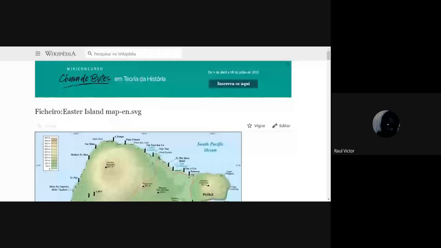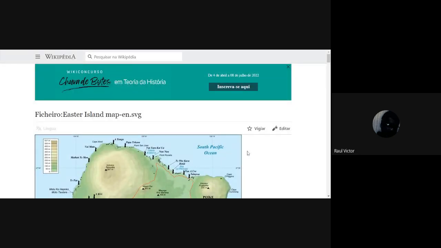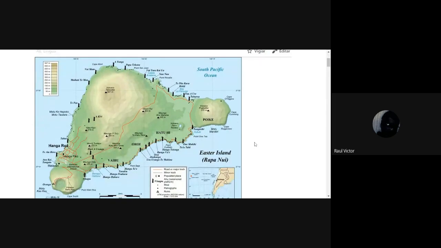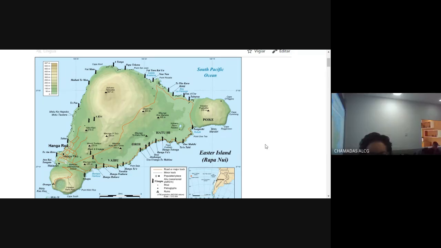But look at the image. You can see that those statues are a little bit covered with dirt, because some have bodies, some don't, because they're covered with dirt. Something happened in the past. This is really mysterious. That's the first thing we need to search for when we do research.